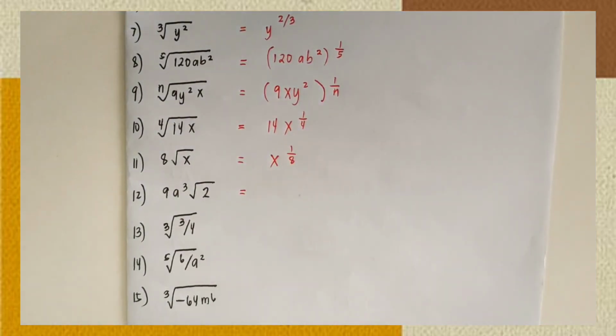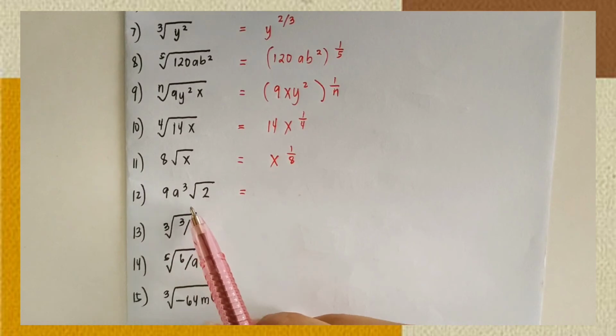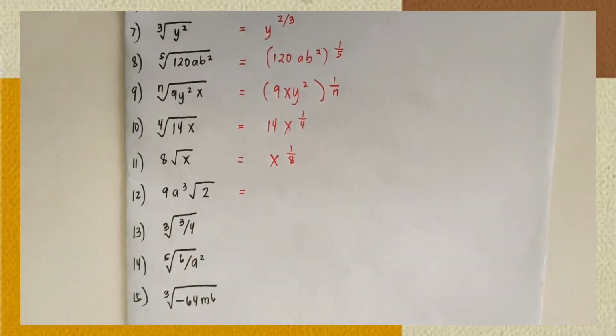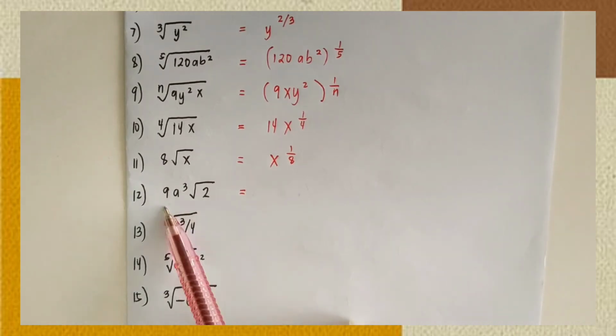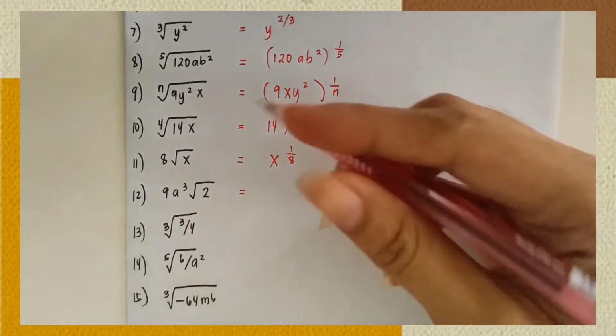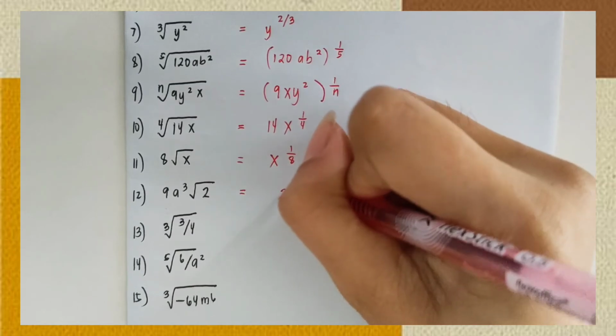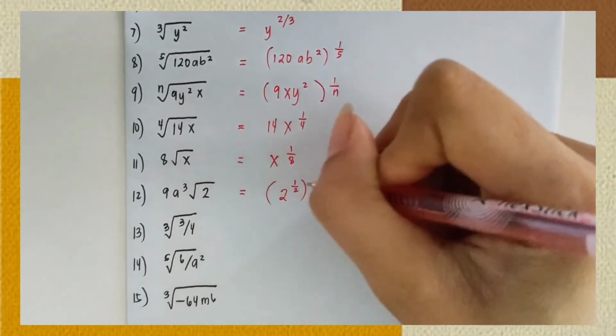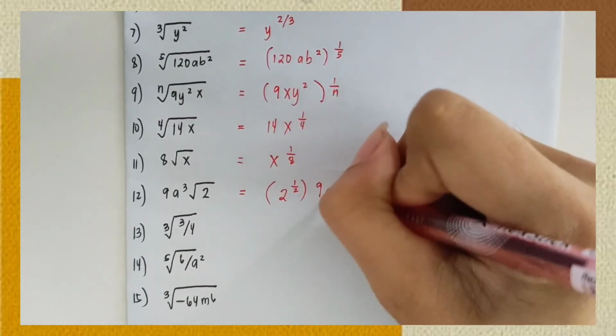Number 12, 9a cubed square root of 2. The answer is 2 raised to 1 over 2 times 9a cubed.